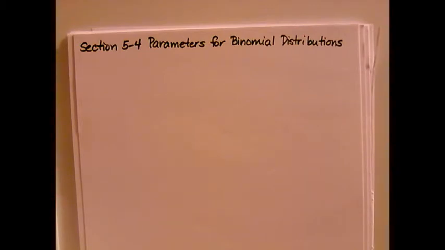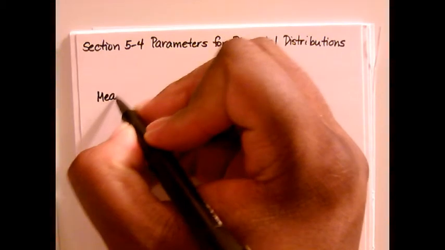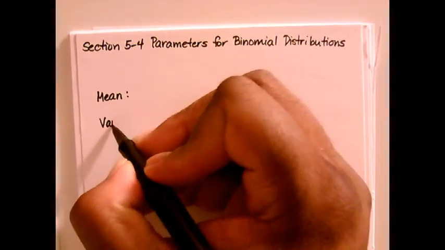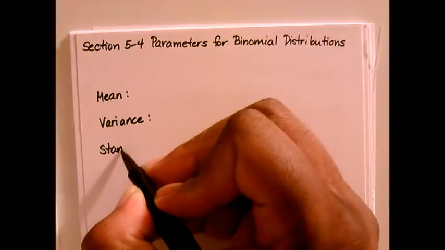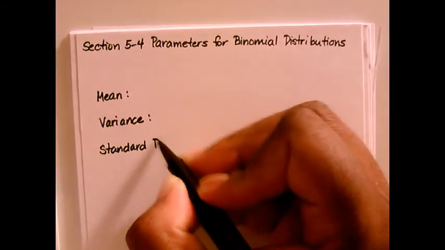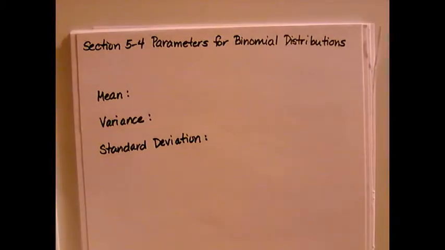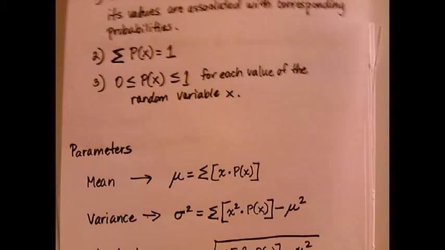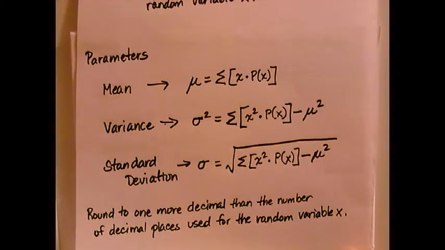Alright, so let's start off with those parameters for a binomial distribution, which is of course the mean, the variance, and standard deviation. Okay, now if you recall, I gave you these formulas that deal with the parameters for a regular probability distribution, and they might have been a little bit more complicated for you to use.